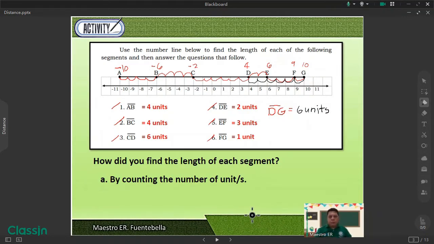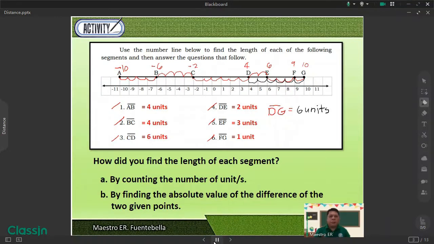Okay, so what do you think is the other way of finding the length of the given segment? The other way is by finding the absolute value of the difference of the two given points. For example, in segment AB, A is on -10 and B is on -6, so let's find the absolute value of the difference of -10 and -6.